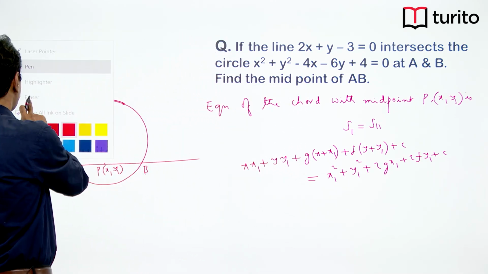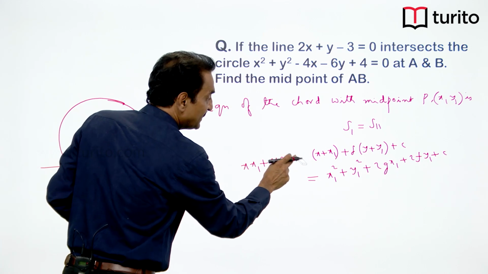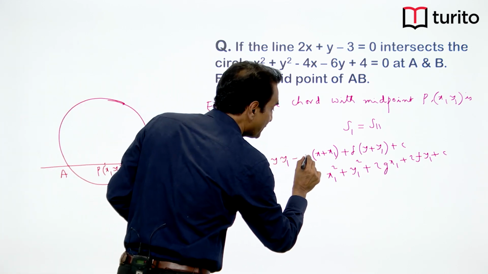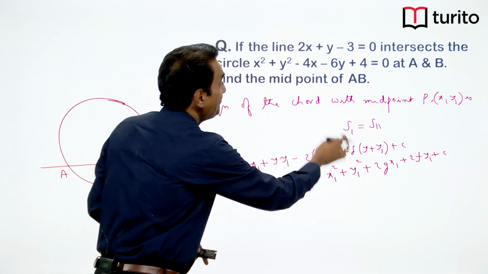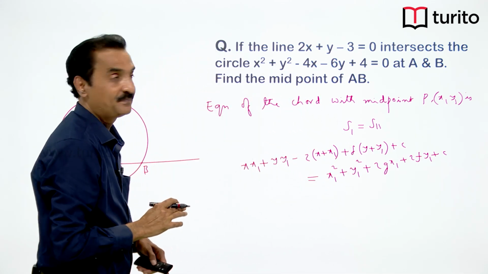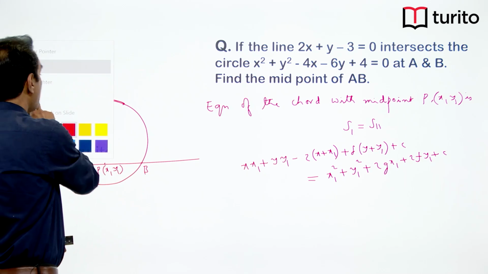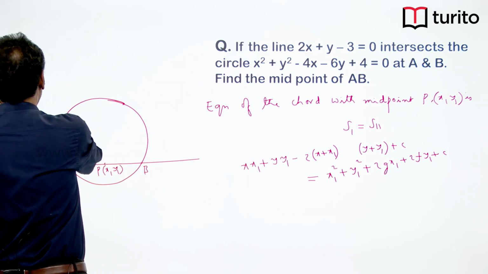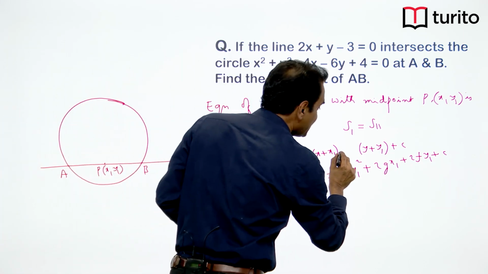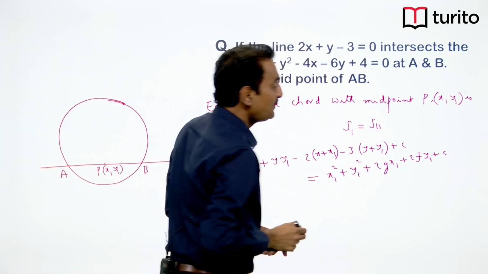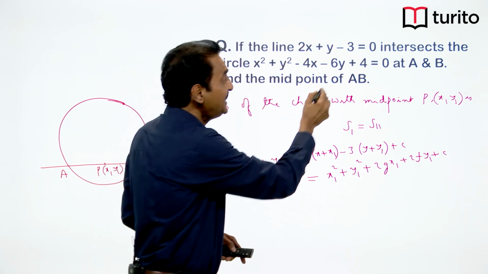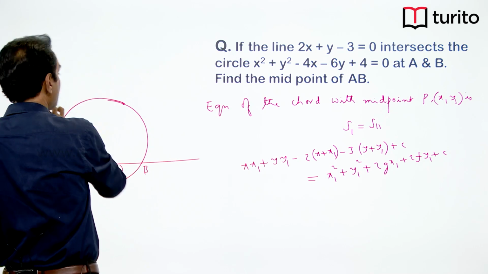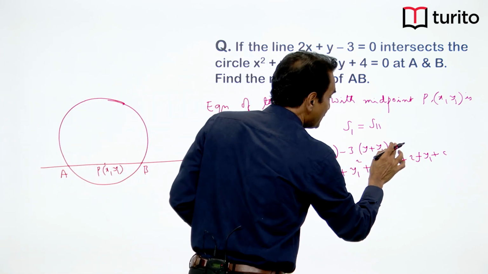So, here write minus 2 into x plus x1, and here f is minus 3. So, substituting f, you will get minus 3 into y plus y1 and plus c, c is 4. So, substituting c, this is 4.